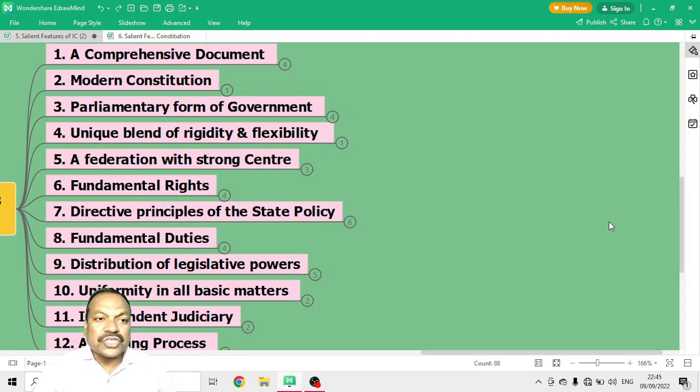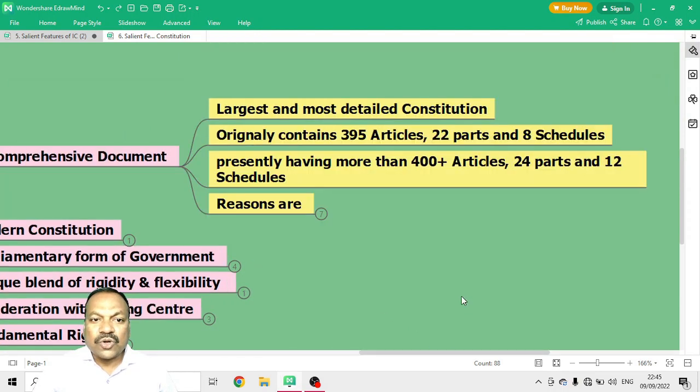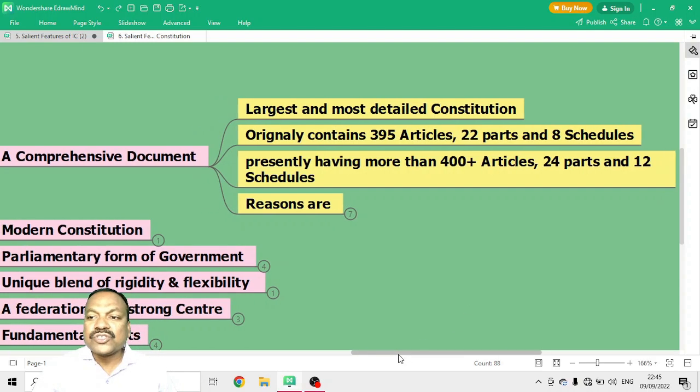Our Indian Constitution is a comprehensive document. Comprehensive here means that it consists of all the things in a detailed manner, and that is why it is called comprehensive. So our constitution is the largest and most detailed constitution.